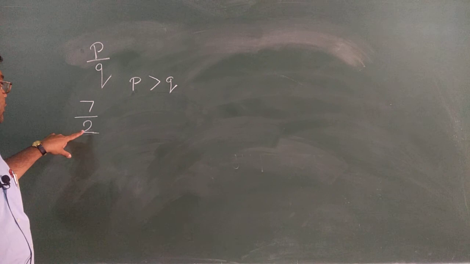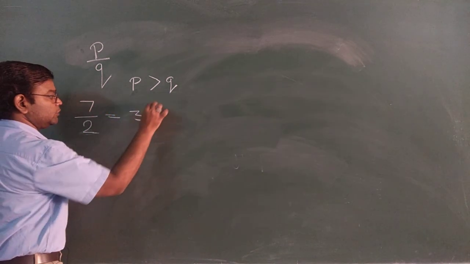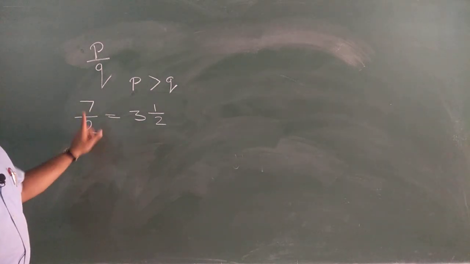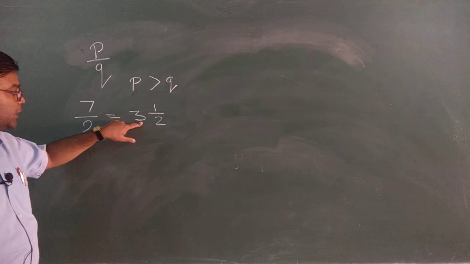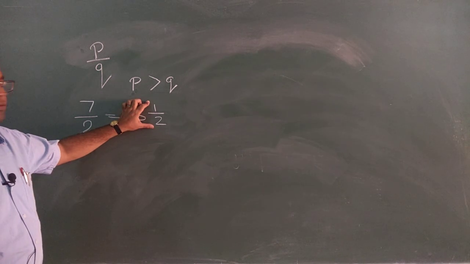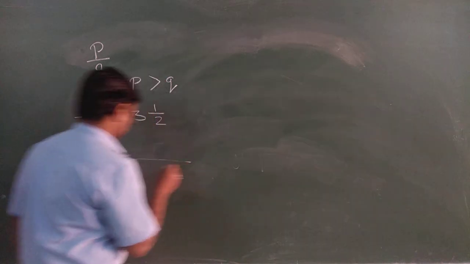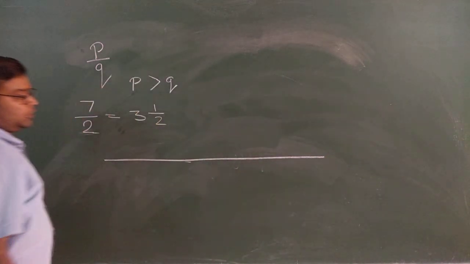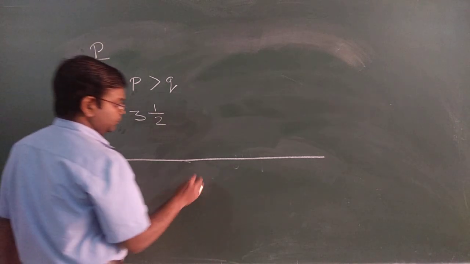Or you can change it into a mixed fraction, 3 whole 1 upon 2. What does this signify? That up to 3 we move on the number line, then after 3 we move half. How do we move? First we draw a number line, by using your pen, scale and pencil.